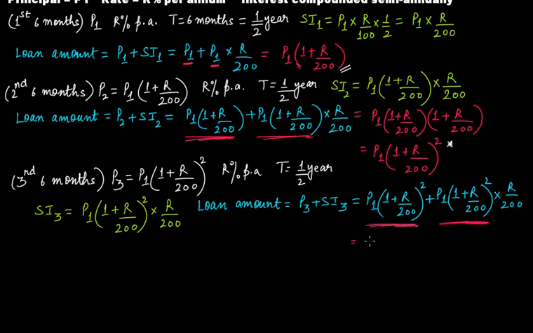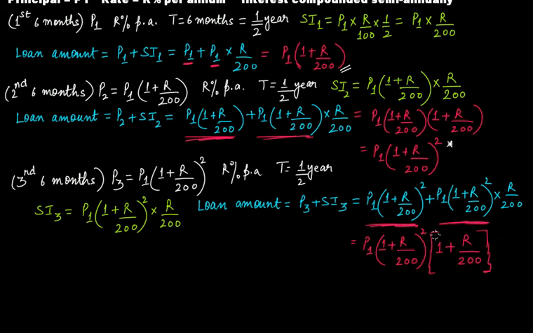So if you take this as common, you'll get P1 (1 plus R by 200) squared, and then you'll get 1 here, this plus sign, and here you are left with R by 200. Okay, so now tell me, can we write this whole as P1 (1 plus R by 200) squared multiplied by (1 plus R by 200)?